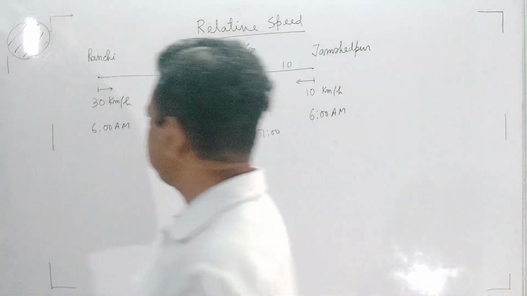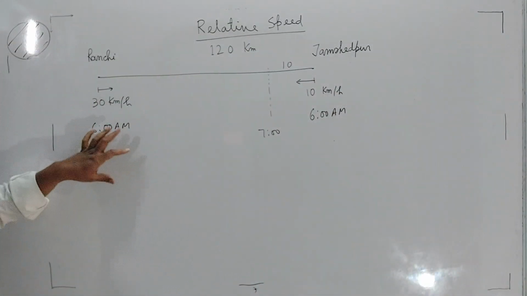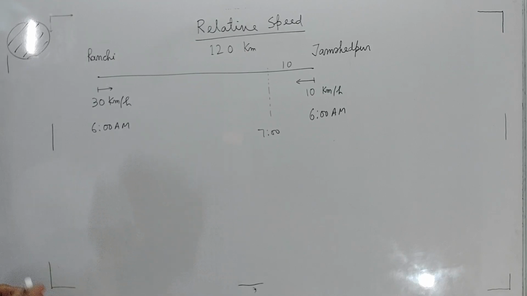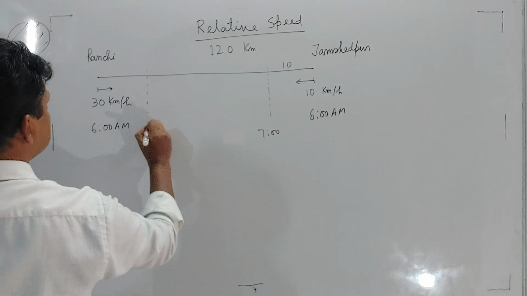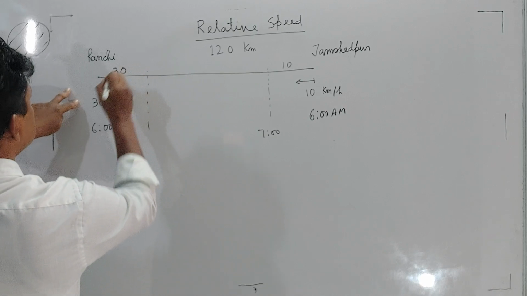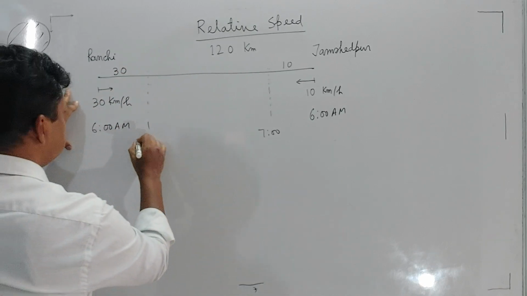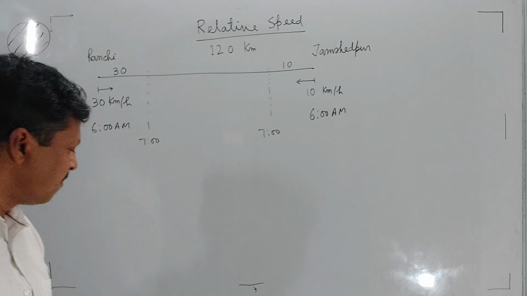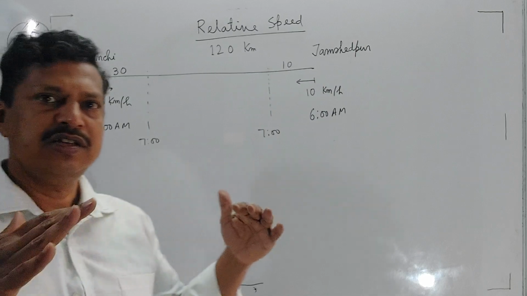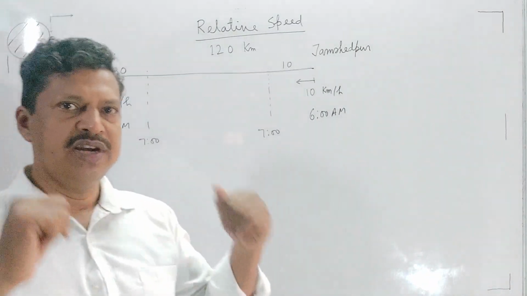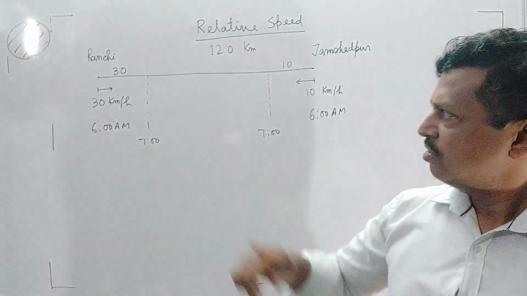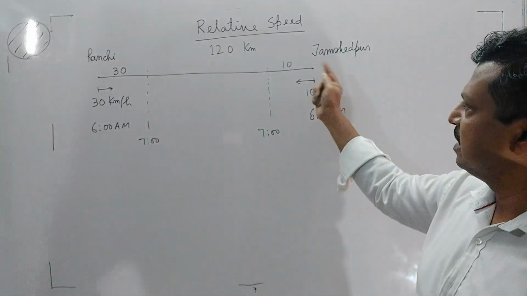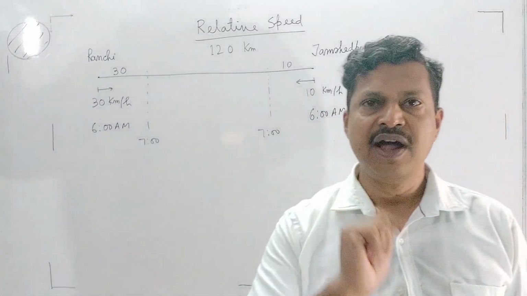In the same way, if you look this side, at 7 am, it will have traveled 30 km because it has traveled 1 hour. Now can you see that initially the gap was 120 km. Now this person has reduced a gap of 30 km, and this person has reduced a gap of 10 km in 1 hour.